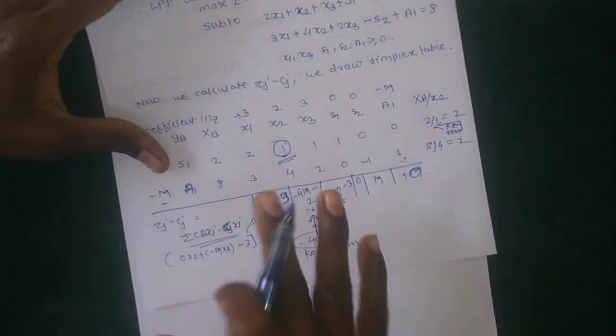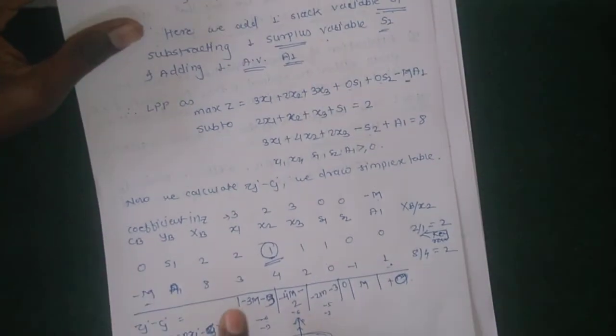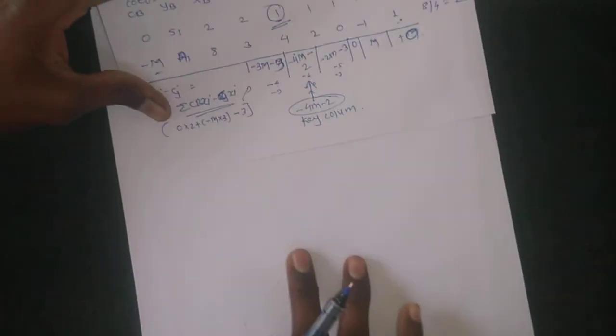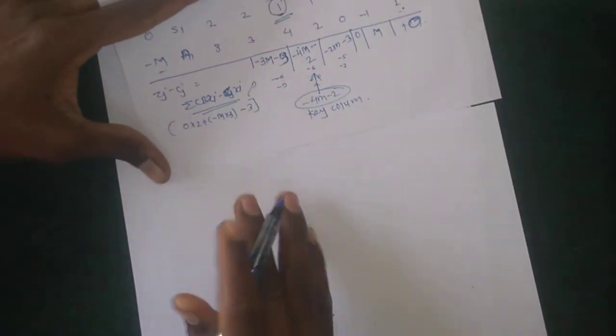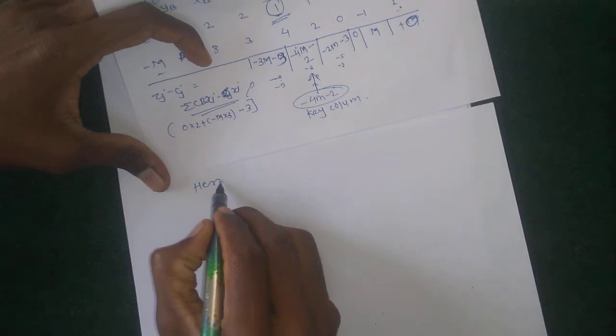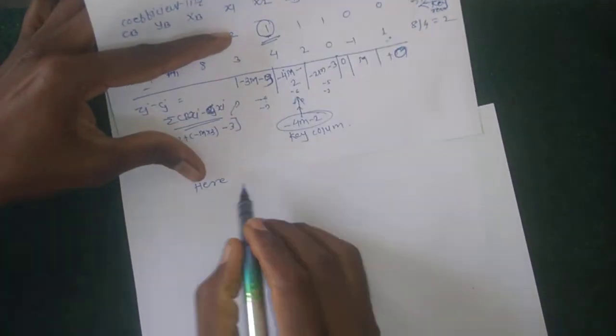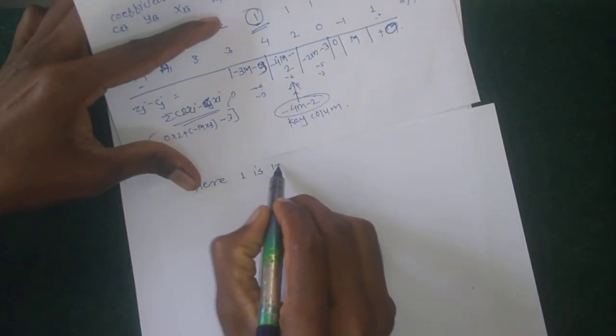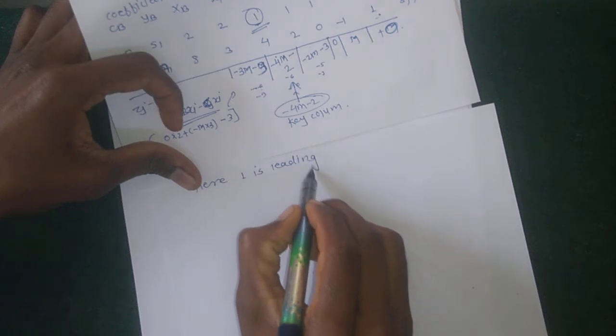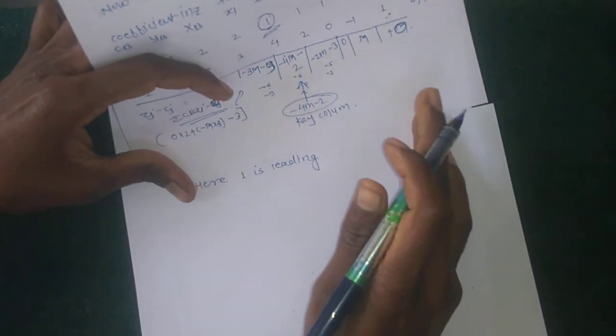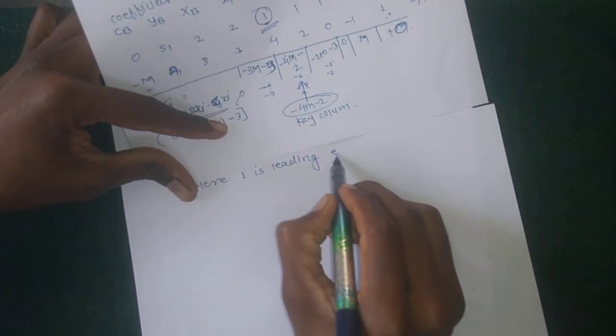So the leading element is here, 1 is the leading element, so this is already leading unity.